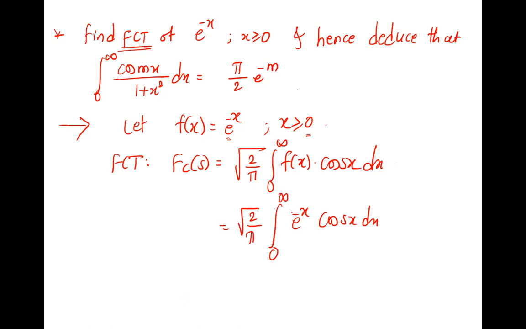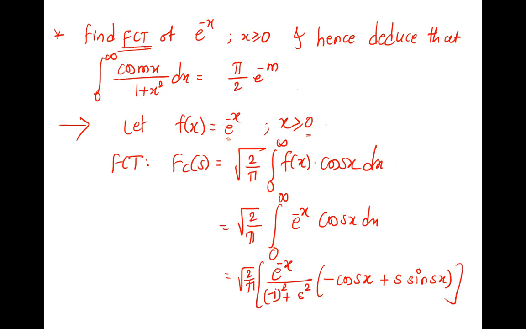Now the formula. The integral of e raised to ax cos bx is e raised to ax upon a square plus b square, into a cos bx plus b sine bx. Here b is s, so s sine sx, and for cos there is plus in between.